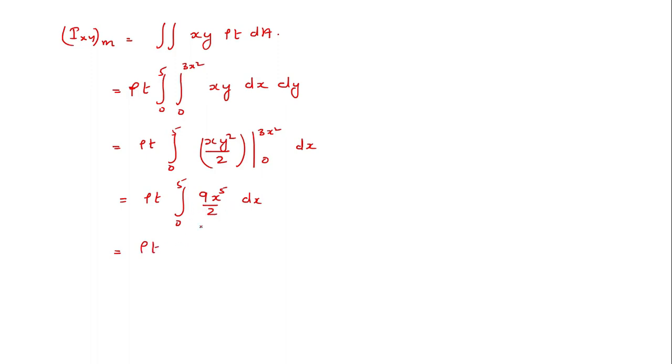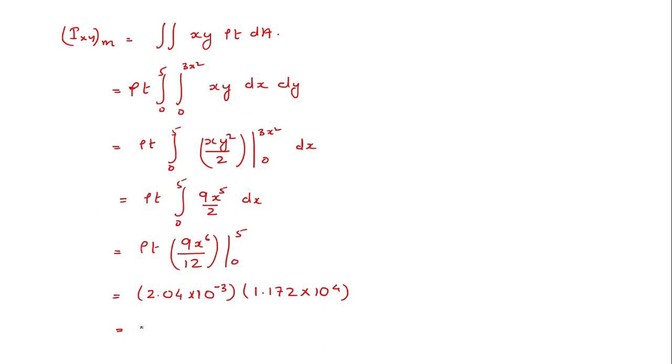Integrating with respect to dx, I would get 9x raised to 6 by 2 into 6, that is 12, varying from 0 to 5. Now rho t we have already got as 2.04 into 10 raised to minus 3 multiplied by, if you solve this, you will get 1.172 into 10 raised to 4.